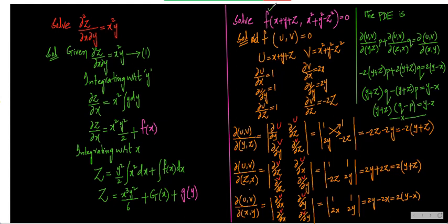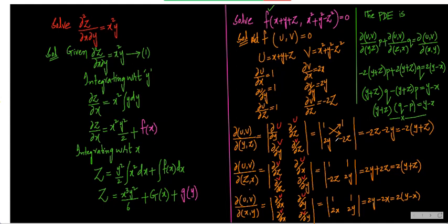This is the elimination of the arbitrary function f. So when an arbitrary function is there, this is the process to eliminate it. So how many topics have we discussed till now? Arbitrary functions we have to eliminate, arbitrary constants we have to eliminate, and you have to get the PDE by the direct integration method.